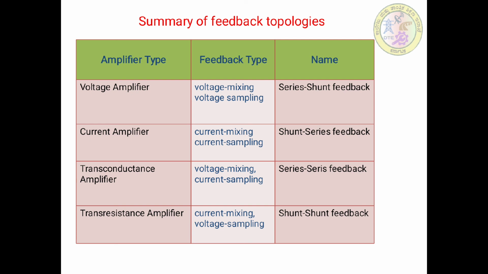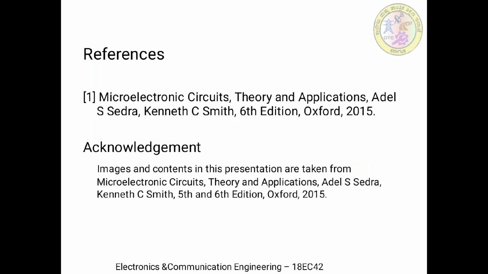Then the last one, the trans resistance amplifier. In this, current mixing and voltage sampling is the type of feedback we have. Because of this connection, this topology is also known as shunt feedback. So this is the summary of the four basic topologies with respect to feedback amplifiers. Thank you.